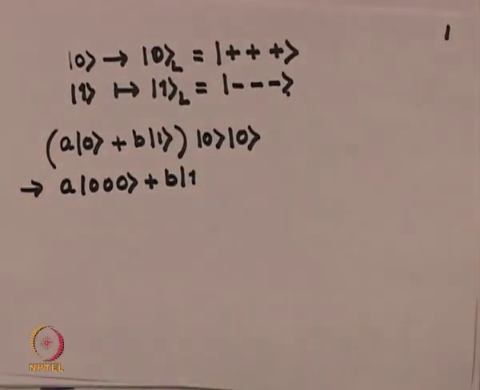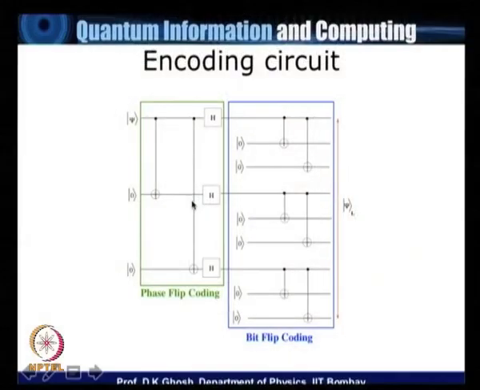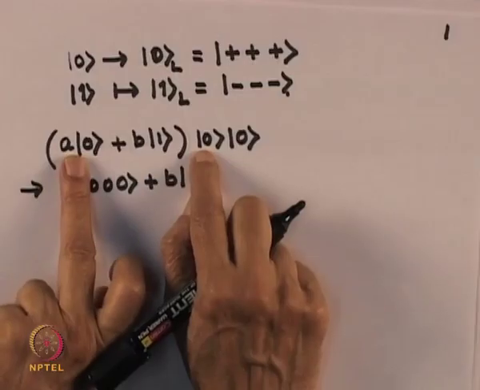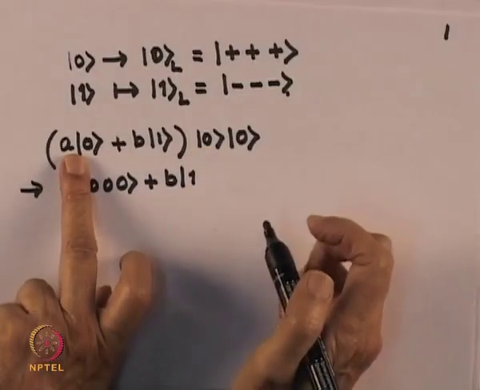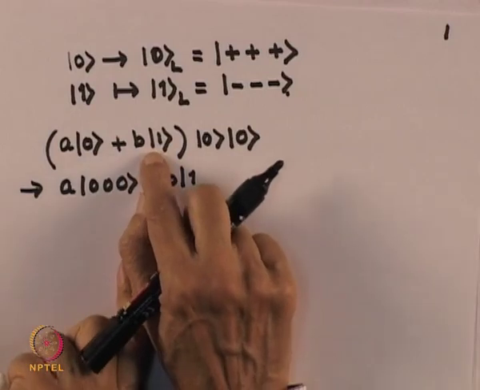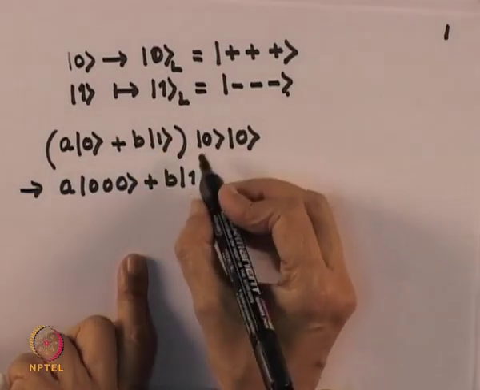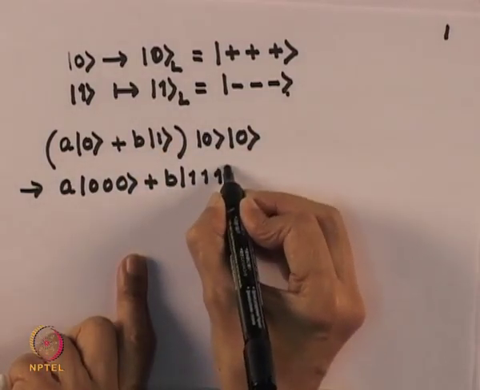Now let's look at what has been done here on the slide. For the first ancilla bit and the second ancilla bit that we have introduced, I use a CNOT gate with psi as the control. Since psi is A0 plus B1, for A 0 0 0 nothing happens under the CNOT, but on the other hand B 1 0 0 becomes B 1 1 1.